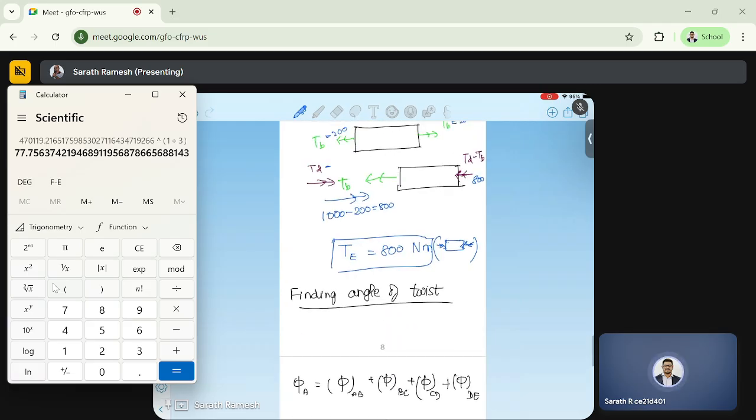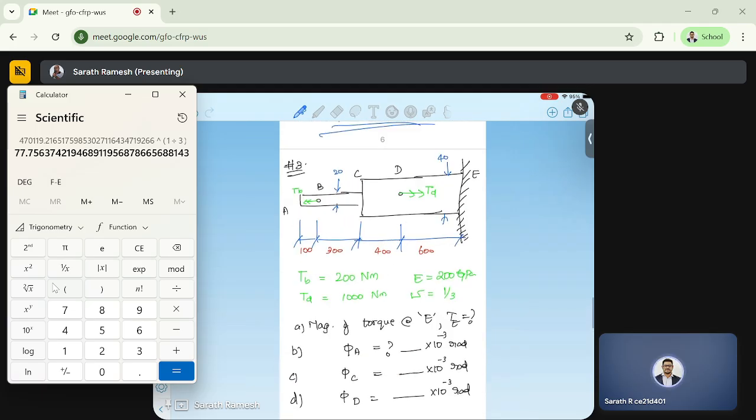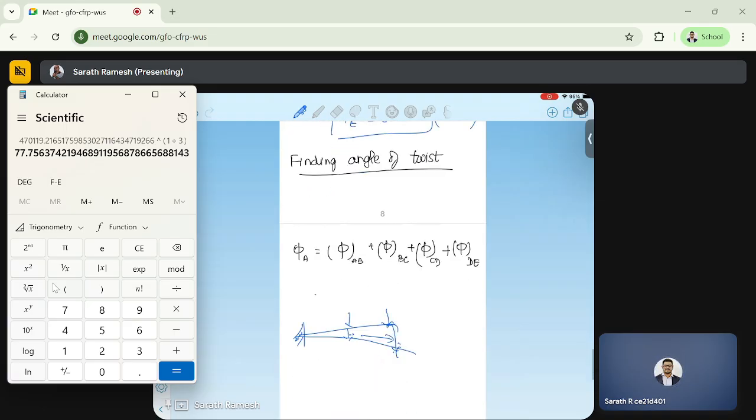Similarly, here also the twist will be the summation of all the twists which are happening before. So, what is the formula for angle of twist? From the relation T by J equal to G phi by L, phi will be TL by GJ.